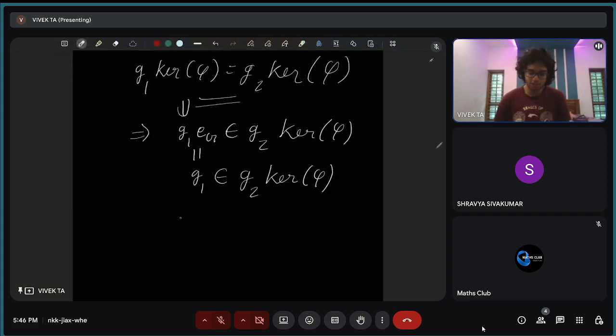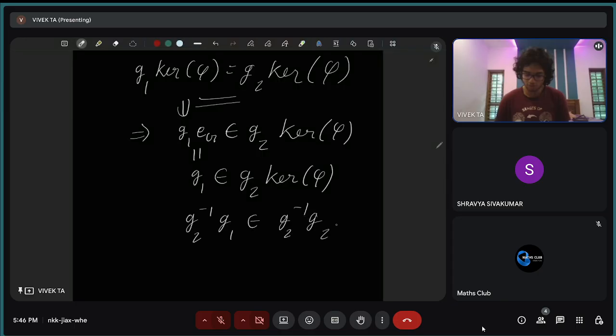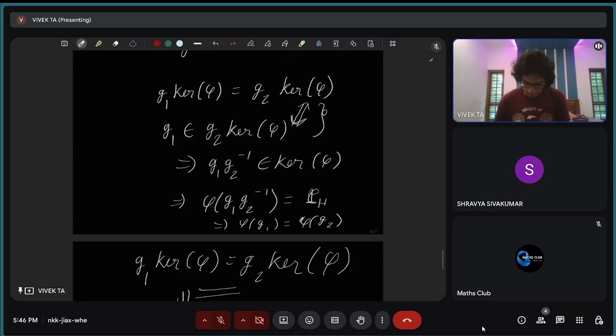Now essentially you take g2 inverse on both sides. You take g2 inverse here. So this belongs to g2 inverse g2 kernel phi, and this is essentially e_G. This part is clear? So I actually made a mistake.